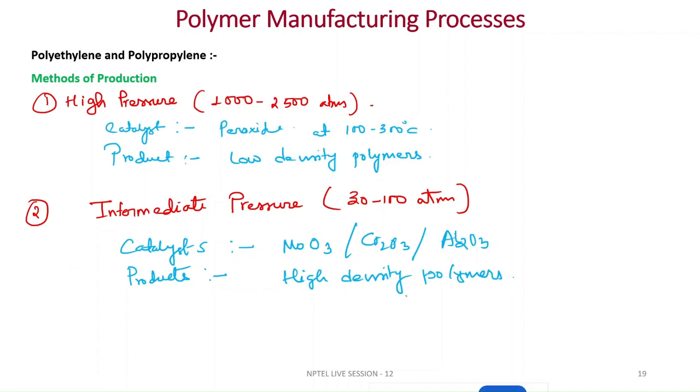It also increases the tensile strength, softening point, and other properties by decreasing the pressure. You can see that in the presence of this kind of catalyst you are getting high density polymers.